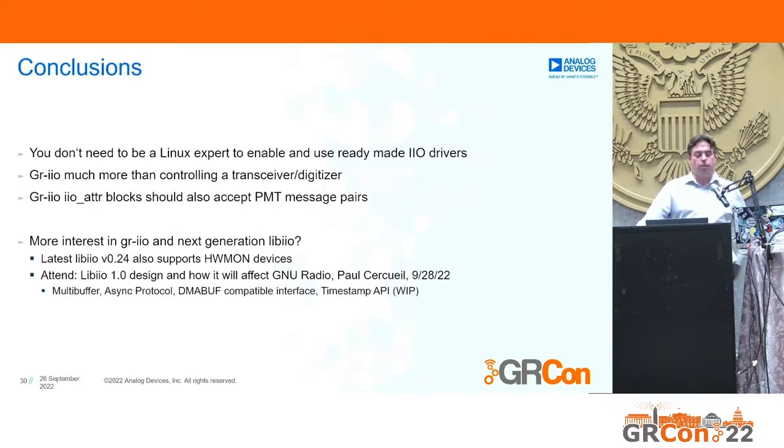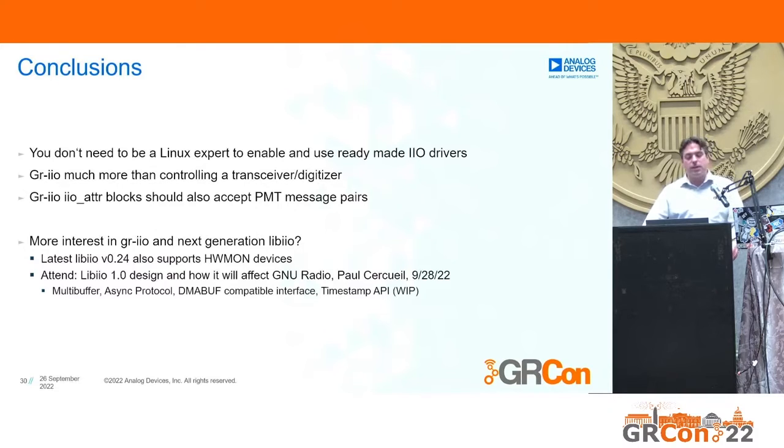GRIO can be used for much more than just controlling a transceiver or digitizer. You can also do some front-end controls with it. And maybe the GRIO IO attribute blocks need to be updated to also accept PMT message pairs, or maybe the new PMT messaging that we just heard about will solve this problem also. I don't know.